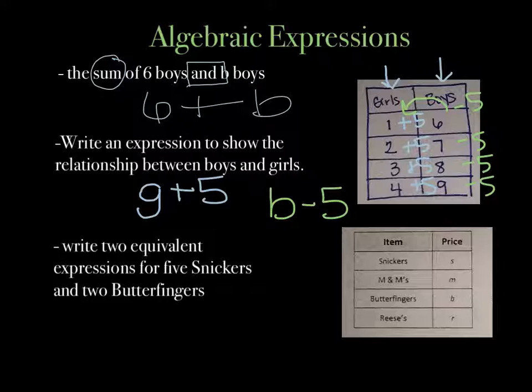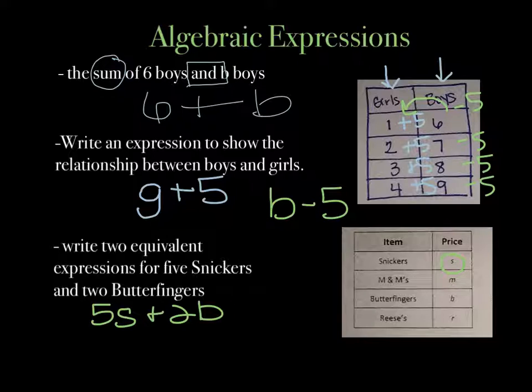And finally, it says write 2 equivalent expressions for 5 Snickers and 2 Butterfingers. Remember, they want you to use 2 different operations. So the fastest way to show 5 Snickers would be 5 times S, because S is used for Snickers, plus 2 Butterfingers, B for Butterfingers.